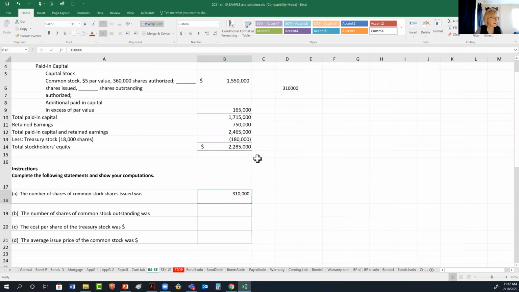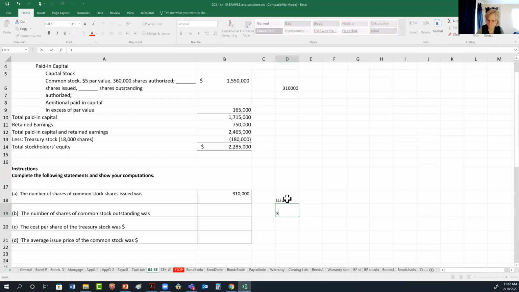Okay. Same for outstanding. How do we calculate the number of shares outstanding? So we now know 310 is issued, right? How do we calculate outstanding? So you take the issued minus. Oh, okay. Go ahead.